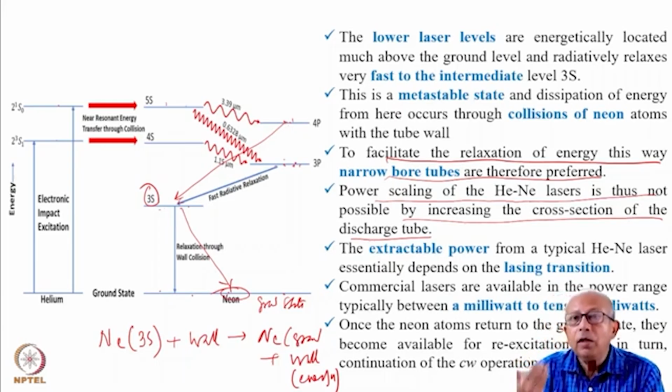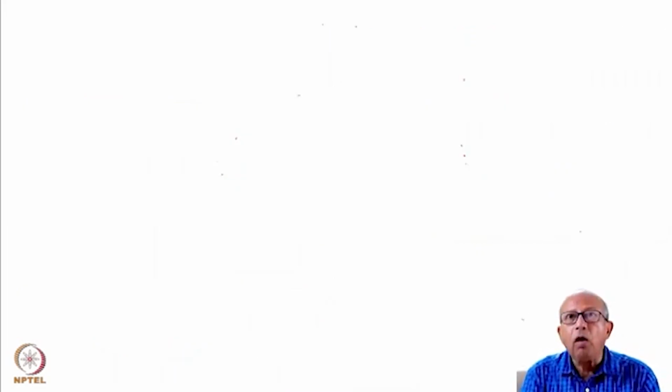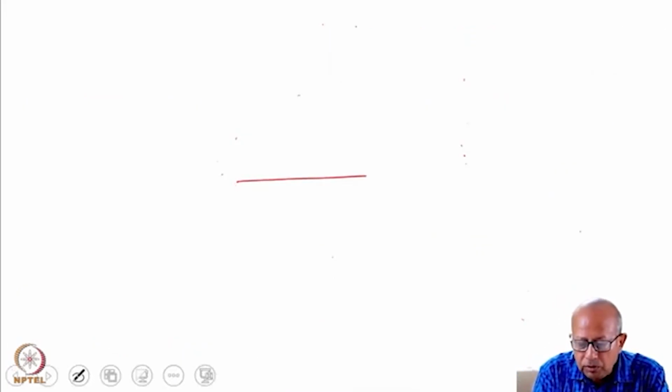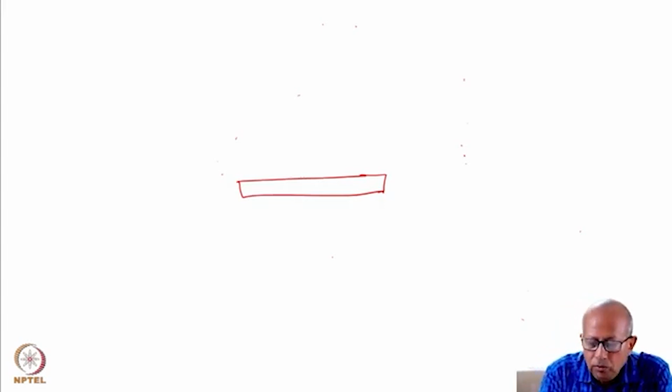So what would be the other way that you can increase the number of active molecules by maintaining the same pressure? You increase the volume of the discharge tube. So if suppose the discharge tube originally was this, and you cannot increase the pressure, so you increase the volume of the discharge tube.